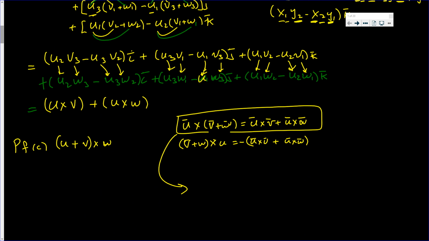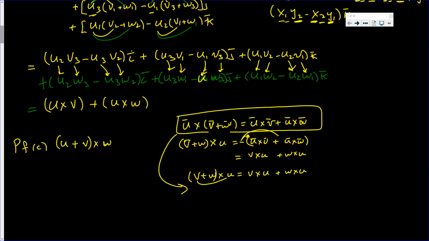So then this will be negative that, but negative that is just V cross U, plus negative of that is just W cross U. So what we have is that V plus W cross U is equal to V cross U plus W cross U.